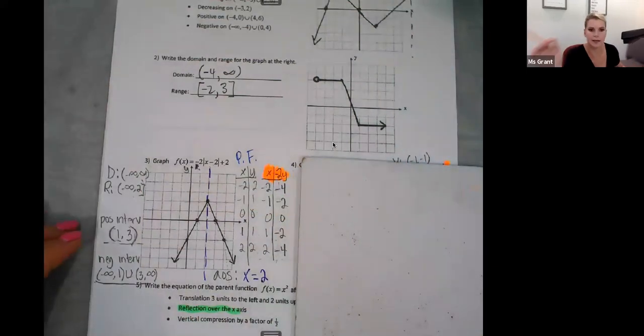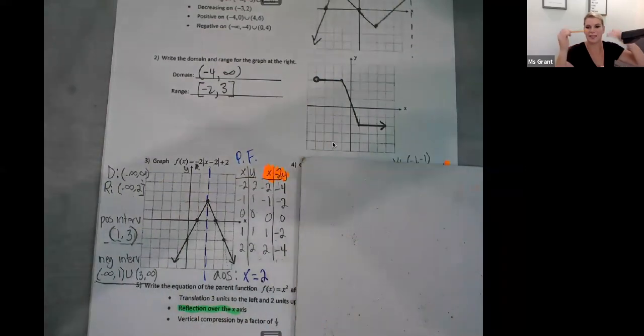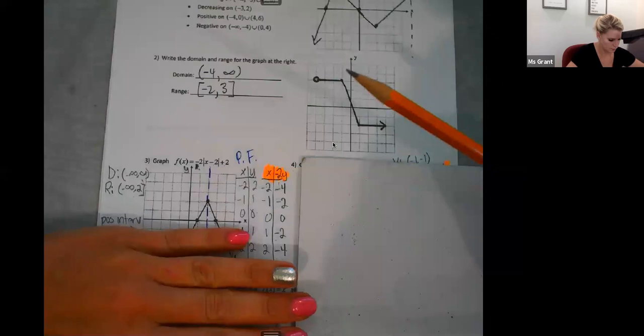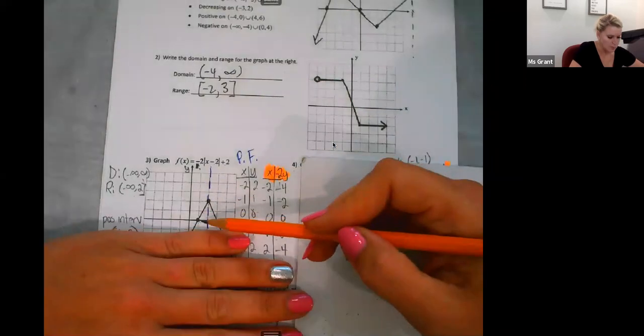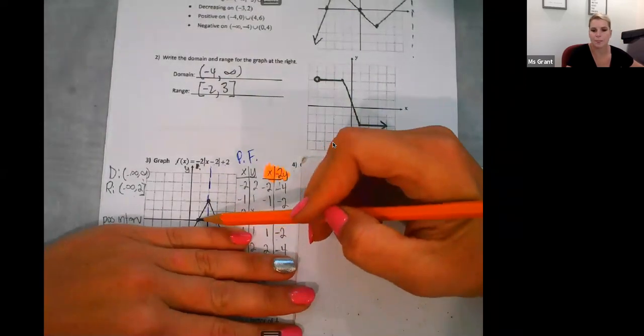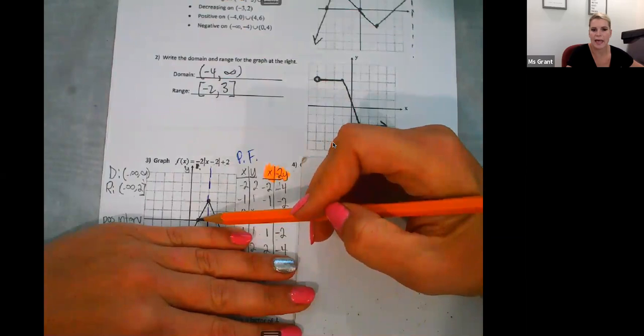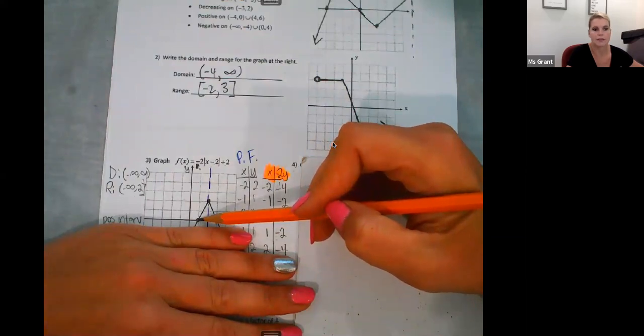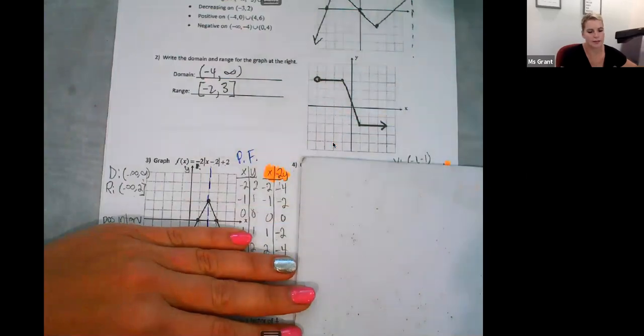Positive interval and negative interval. Where is my graph positive? Above the x-axis, right here. Remember how I told you that 0 is not positive and 0 is not negative. 0 is a neutral number. So I'm not going to use brackets because it's not included.